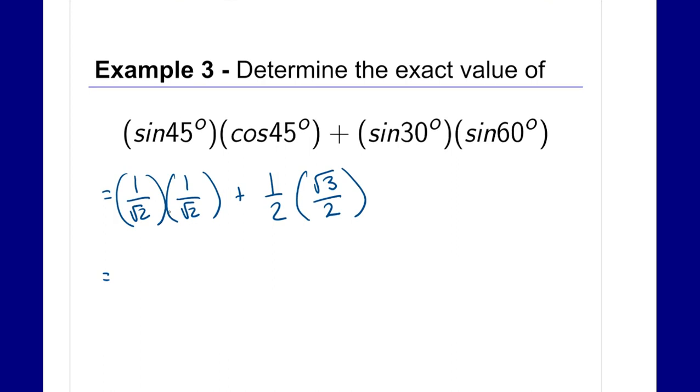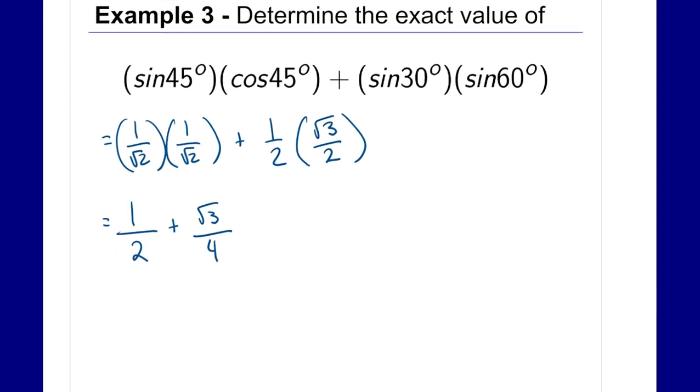So the first one, multiplying 1 times 1 is 1 over root 2 times root 2, which is 2. Or you could say square root of 4, which is 2, right? So again, using our radical properties. And then plus root 3 over 2 times 2, which is 4.